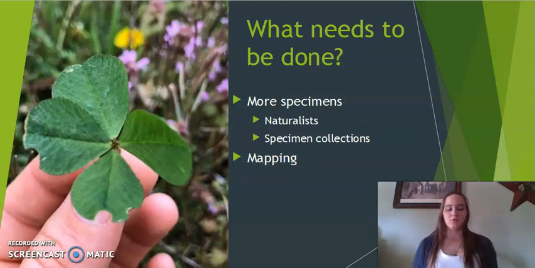And so naturalist reports and using websites like iNaturalist and EcoExplorer are two of the ways that we can get information from them. And then also the Mars Hill University plant taxonomy class will be collecting plants from Bailey Mountain to help collect more data on Bailey. And then the other thing that needs to be done is the mapping still needs to get done.